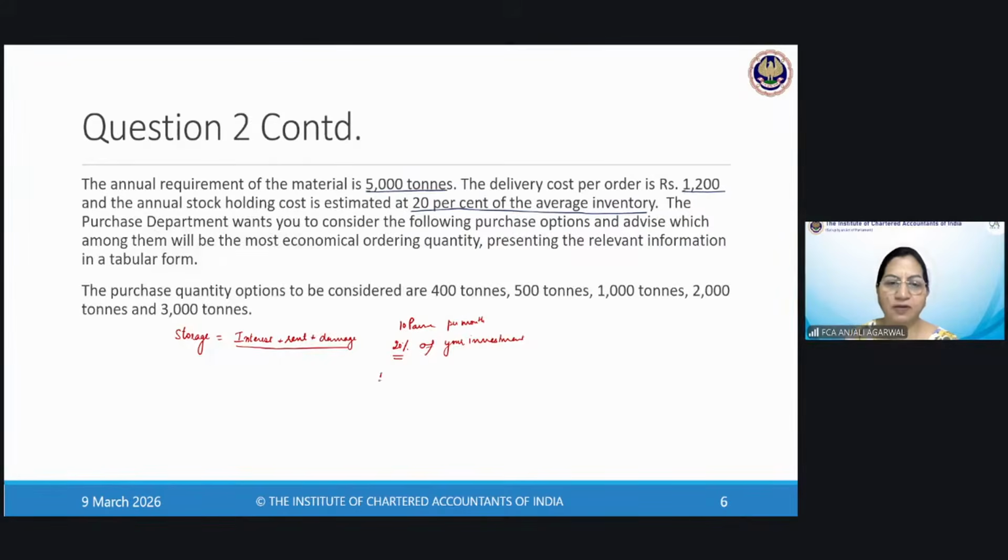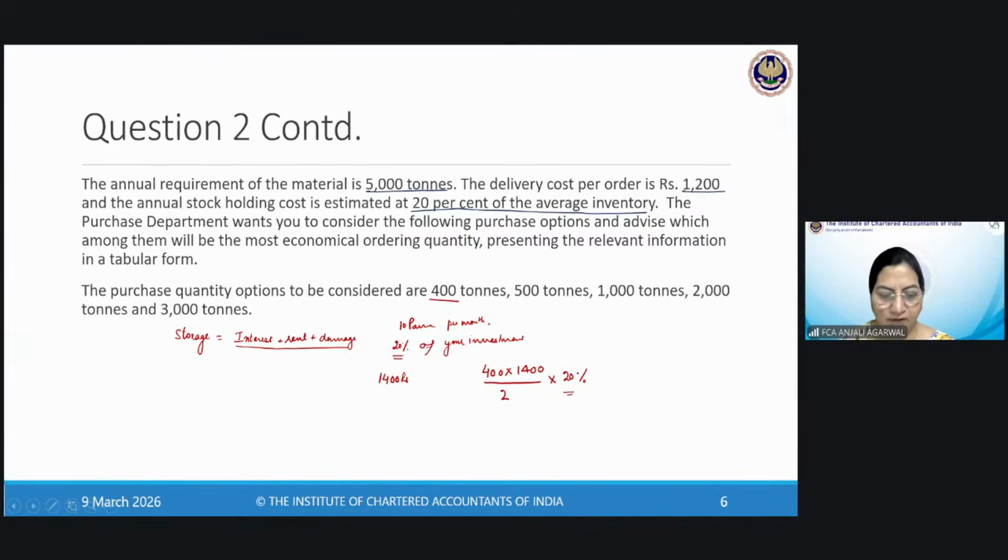We have seen that the raw material is costing us 1400 rupees if we are going for anything less than 500 units, so let's say 400 tons. So 400 into 1400 will become my total investment. Divide by 2, this will give my average investment. And 20% of average investment will be my storage cost.